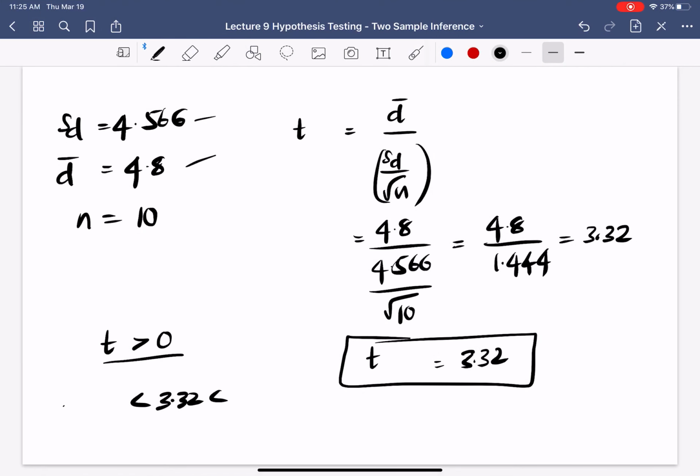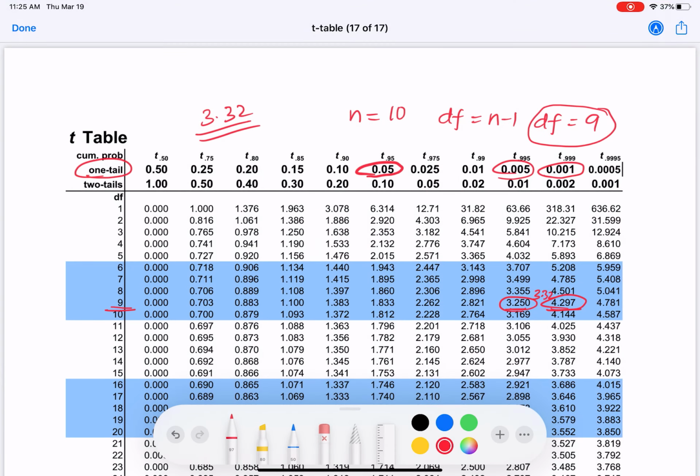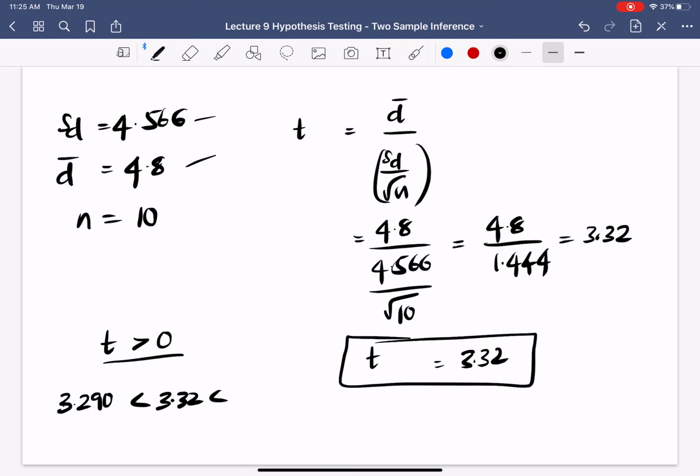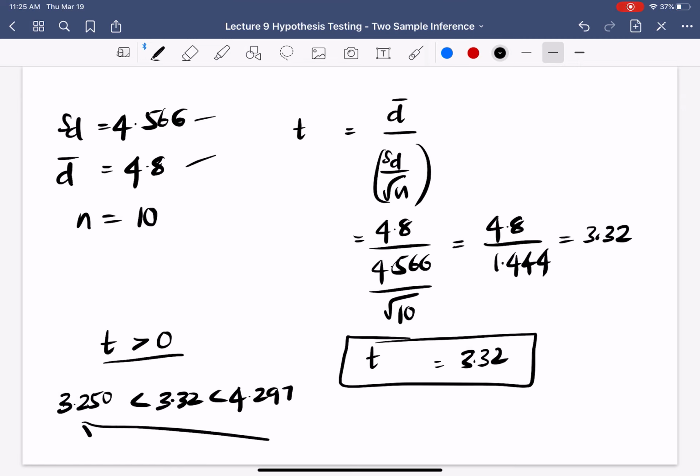So for 3.250, the p-value is 0.005, and for 4.297, the p-value is 0.001.